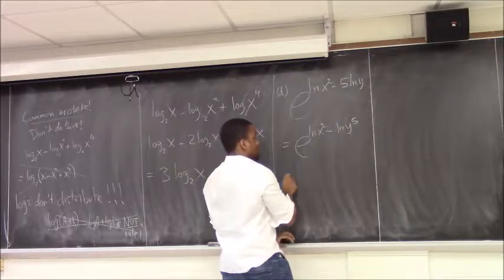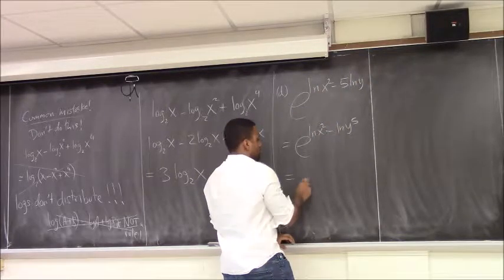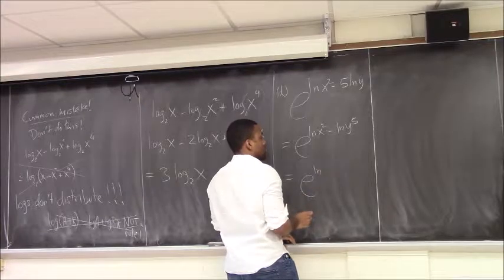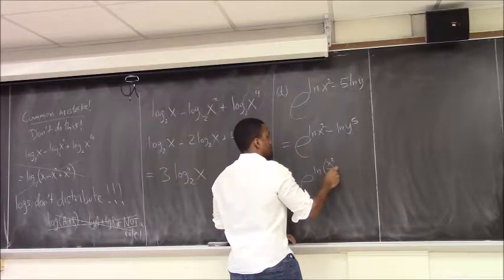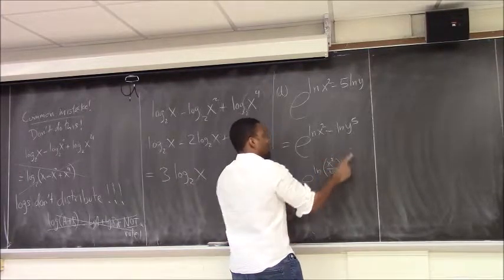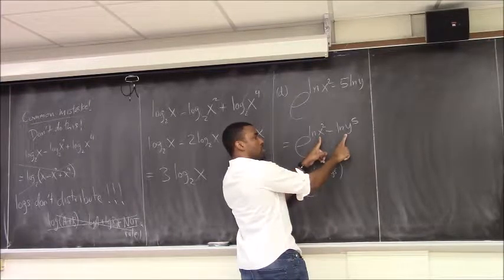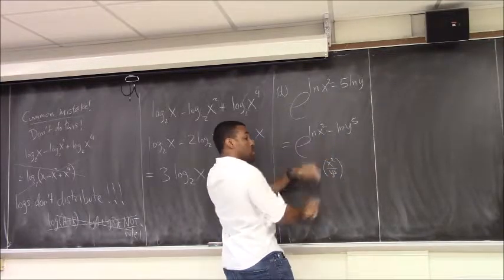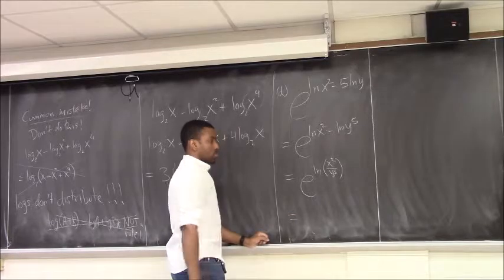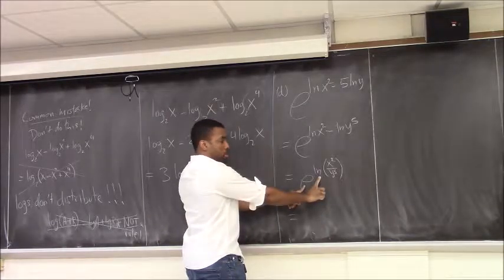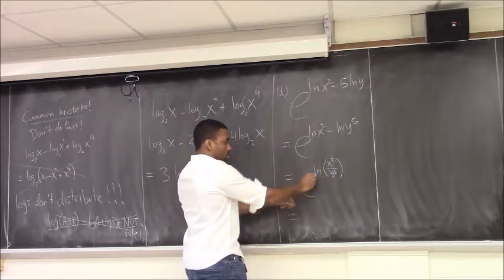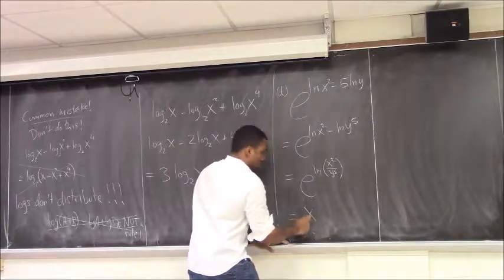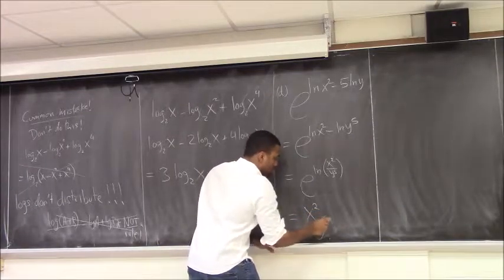And then you can rewrite that again as e to the power of ln in parentheses x squared divided by y to the fifth. Now we applied the rule where subtraction of logs is just a log of the division, and then e to the ln cancels out. The e and ln are right beside each other, and the ln is in the power, so you can think of them as canceling out. And we end up with x squared over y to the fifth.